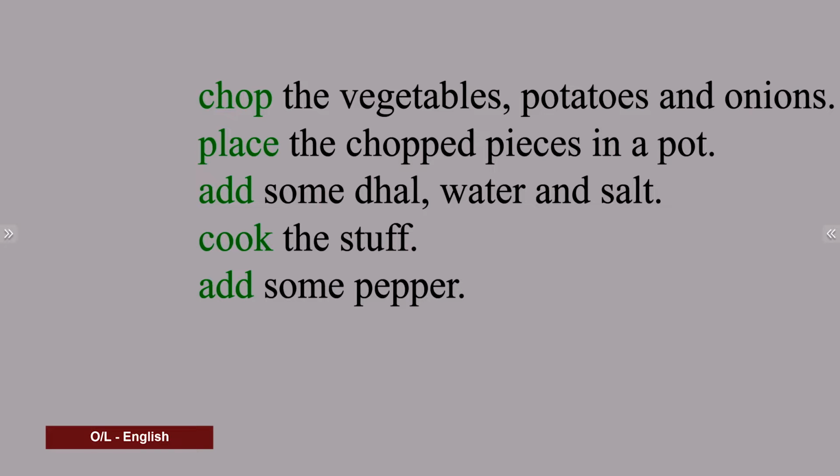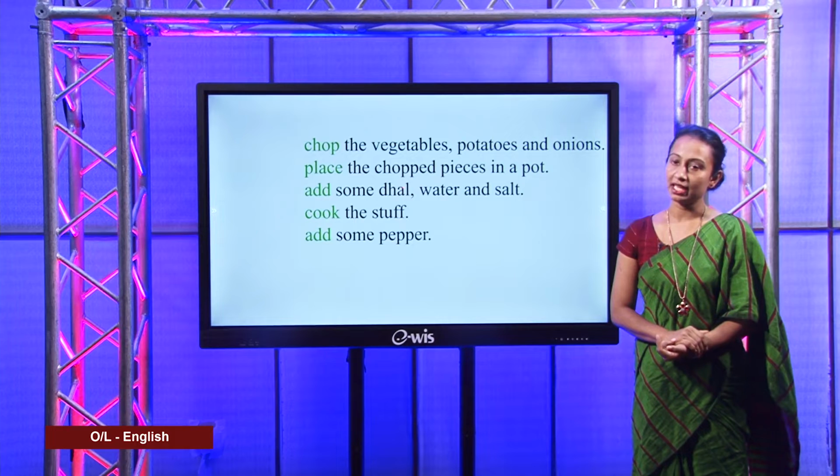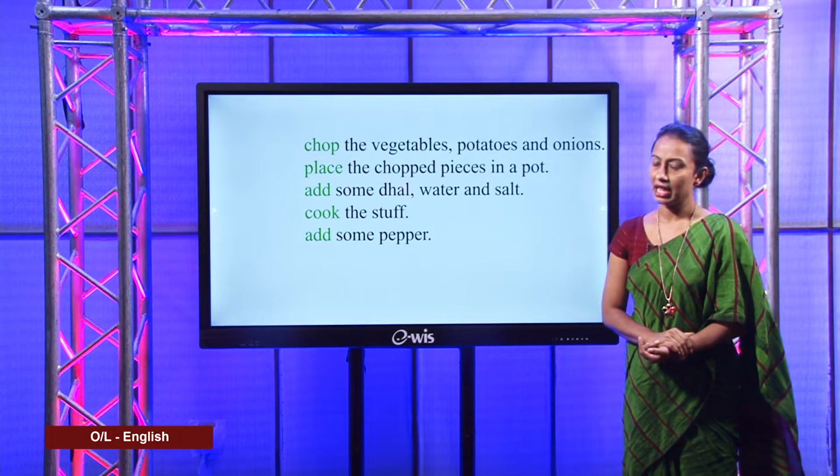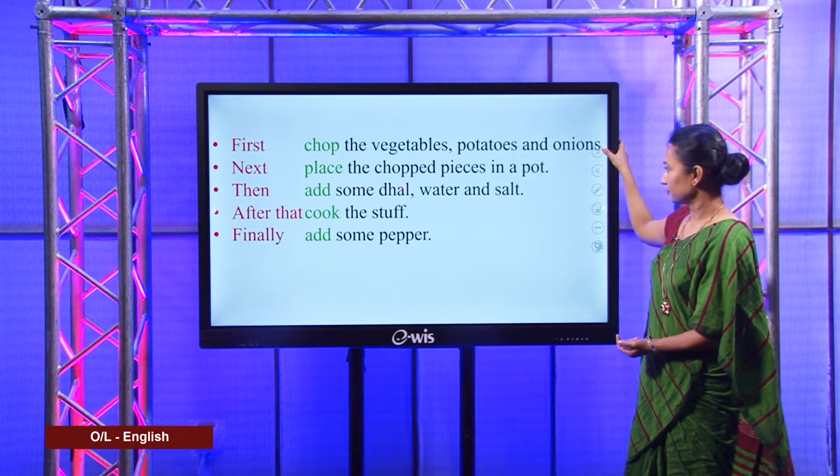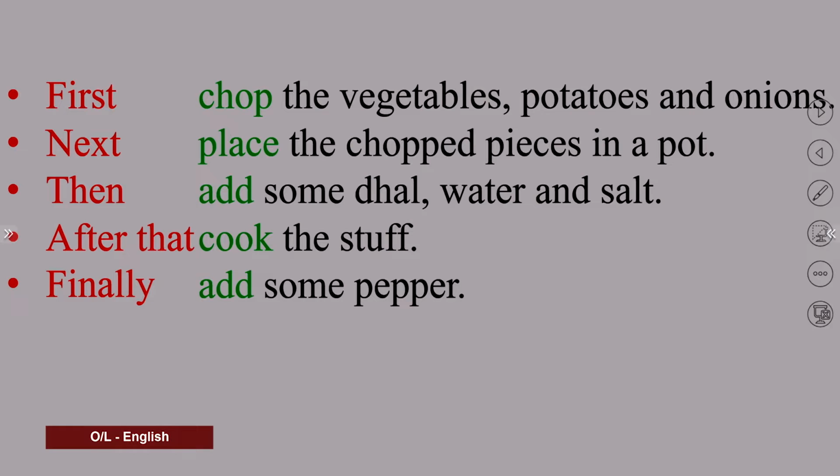Now I am going to add sequence words in front of these instructions. Let's see what happens. Now you can read these instructions with the sequence words again. First, chop the vegetables, potatoes and onions. Next, place the chopped pieces in a pot.